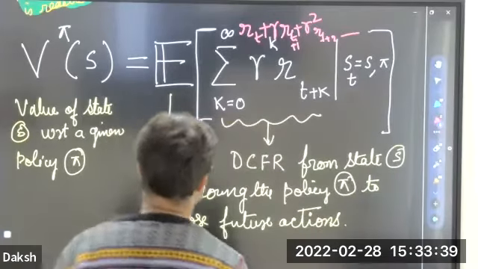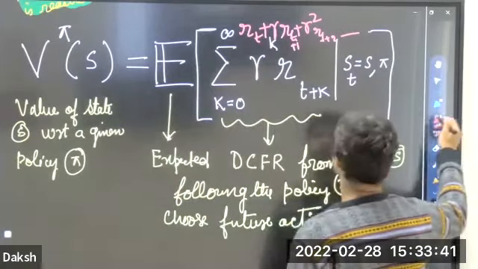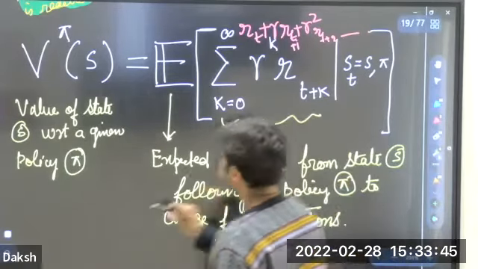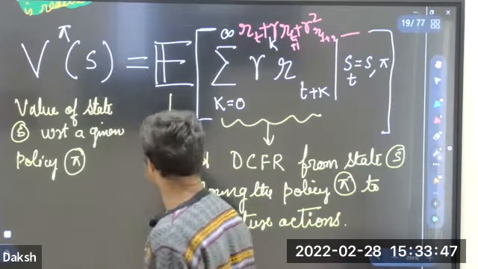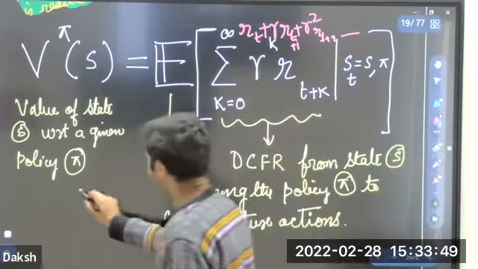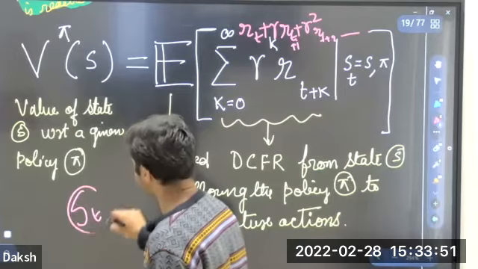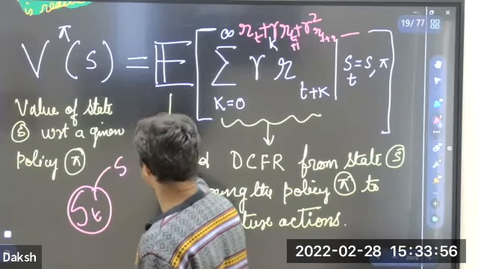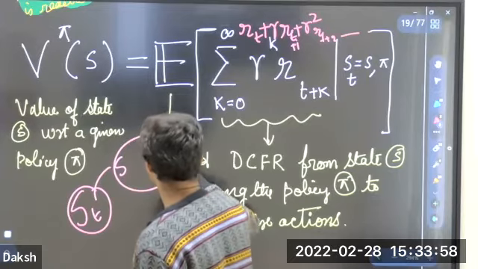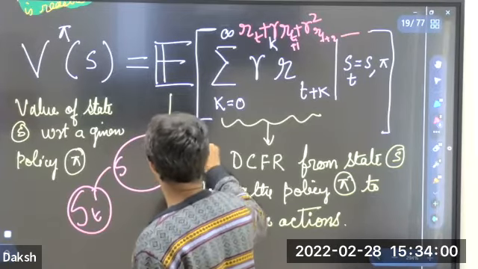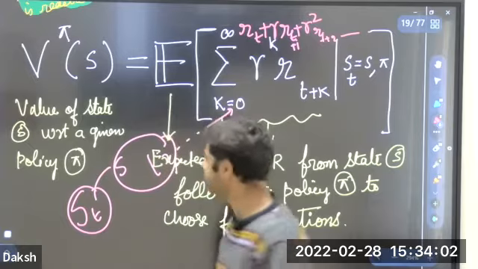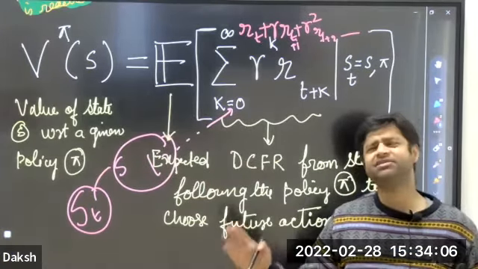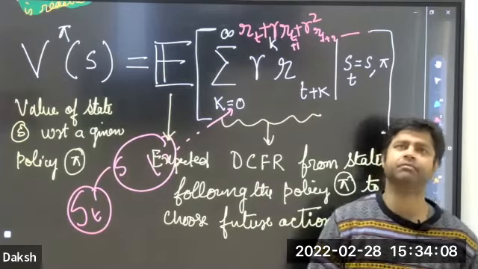Because see here, you are at state s_t. From s_t where will you go? You will go to s_t+1, then s_t+2, and keep on going like this. So that is why it is first r t. Here t is actually for the time.